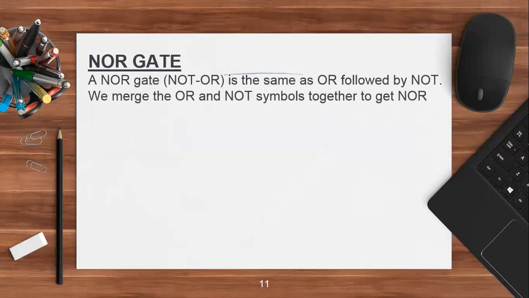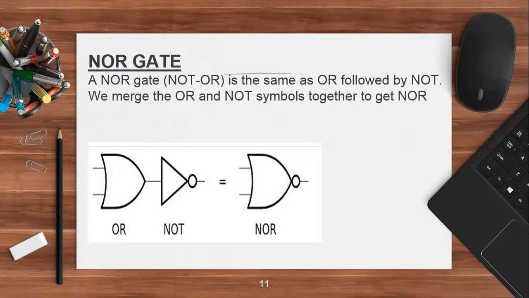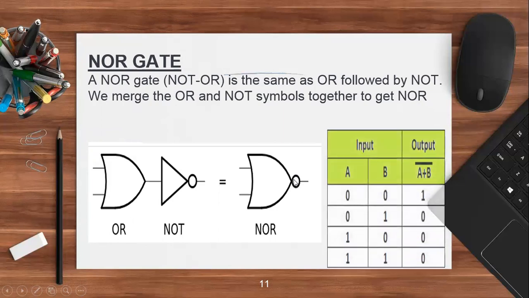NOR gate. A NOR gate, or NOT OR, is the same as an OR gate followed by a NOT gate. We merge the OR and NOT symbols together to get the NOR gate like this. You see, the OR gate followed by this NOT gate, and both symbols equal this shield, and in front of this shield there is this small circle which represents the inverter or NOT gate.